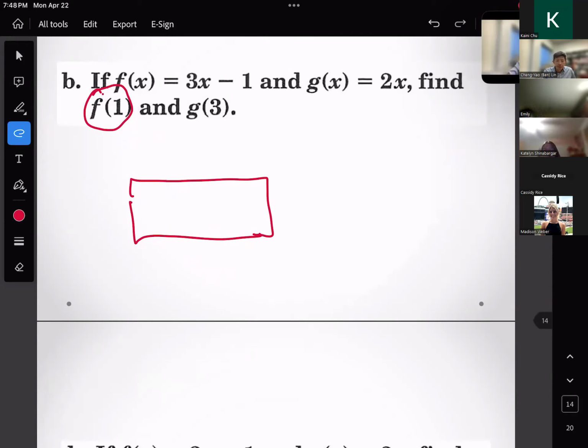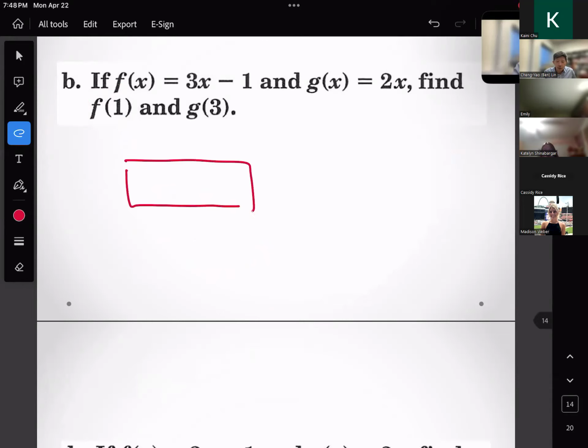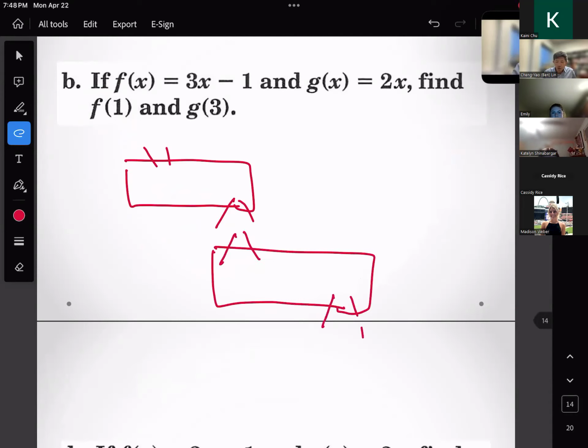Now, can we have two function machines connected to each other? Just do it. Two function machines connected to each other.